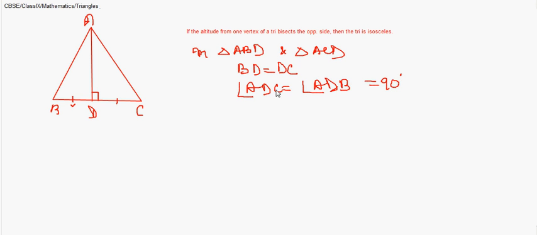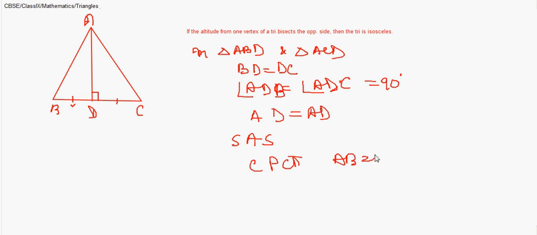Oh, I should be writing ADB because I had taken this as BD, and this should be C here. And the third part is AD is common. Either you write AD common or it is AD equal to AD. So thereby by SAS congruency, we can prove ABD congruent to ACD. By CPCT you can say AB is equal to AC, thereby making triangle ABC an isosceles one.